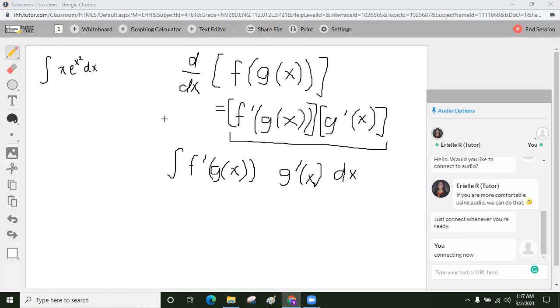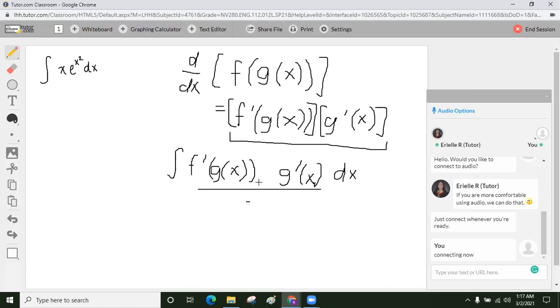So let's say that we substitute, would you like to maybe use an example where we have f of g of x? Because I think maybe u-substitution is for the chain rule, right?